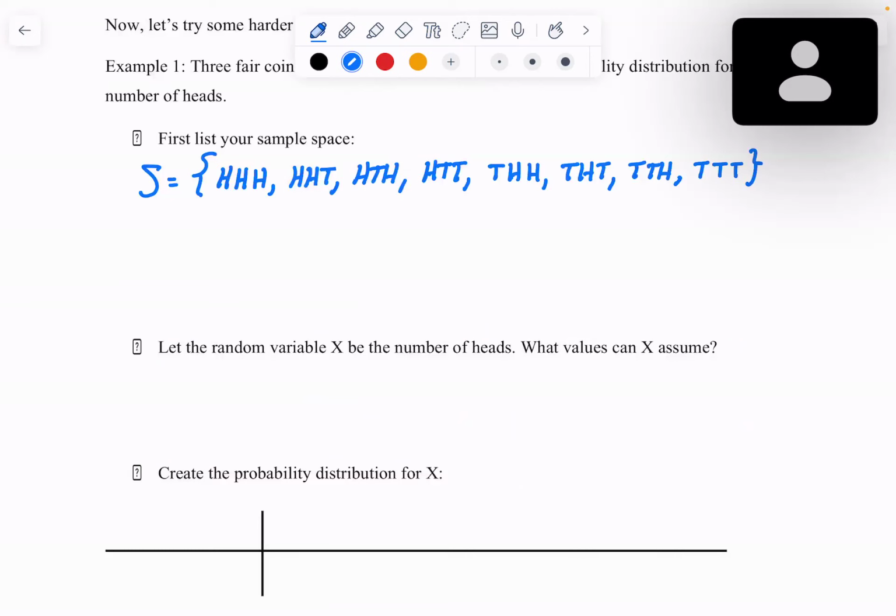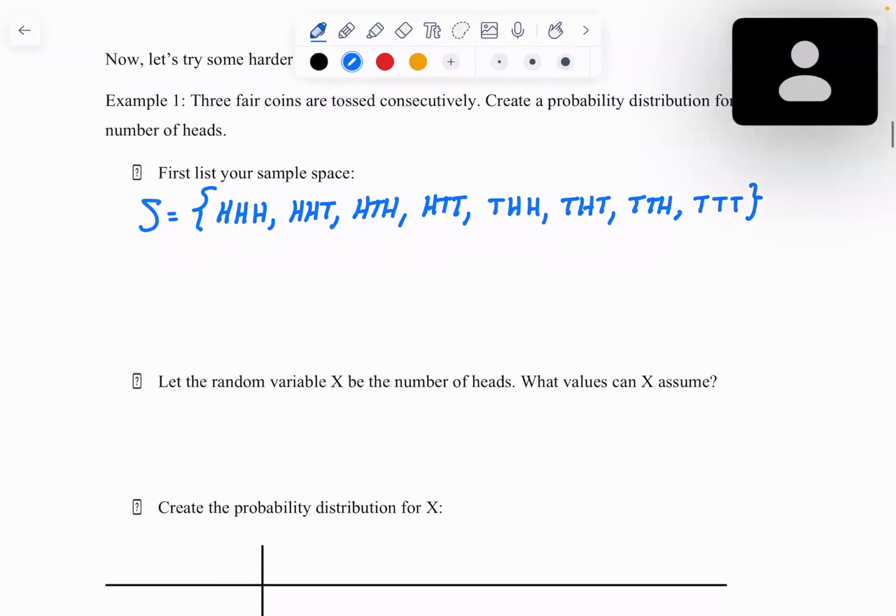So now that we've defined the sample space by listing it out, we want to see what values X can assume. Remember here, X is the number of heads. So a random variable, capital X, represents the number of heads. We need to look up here on our sample space S and see what's the smallest number of heads you can get, and what's the largest.